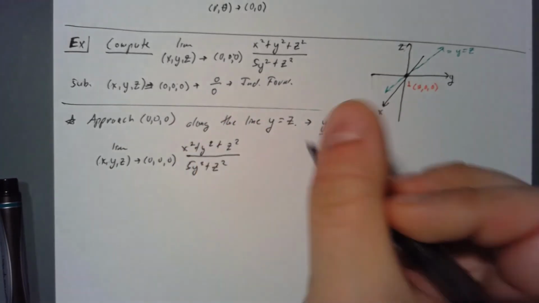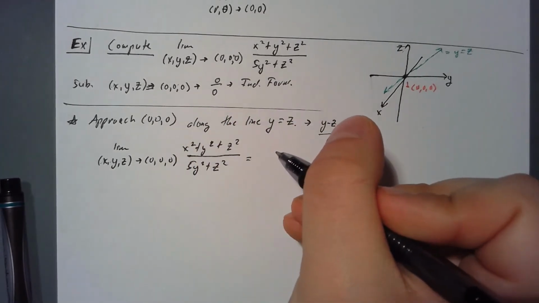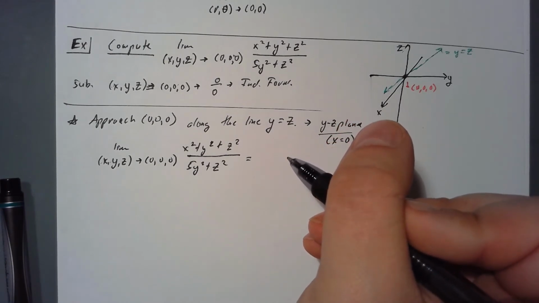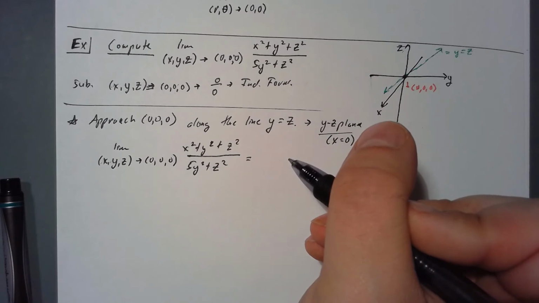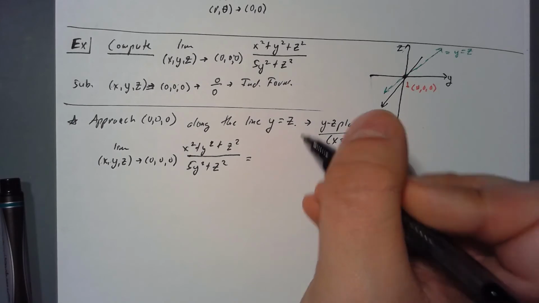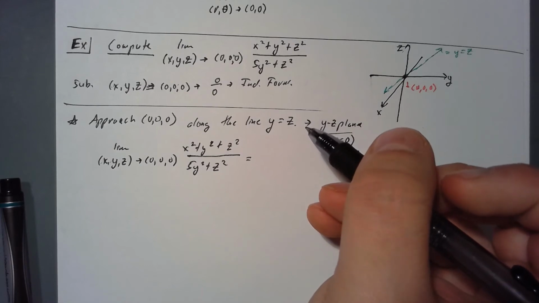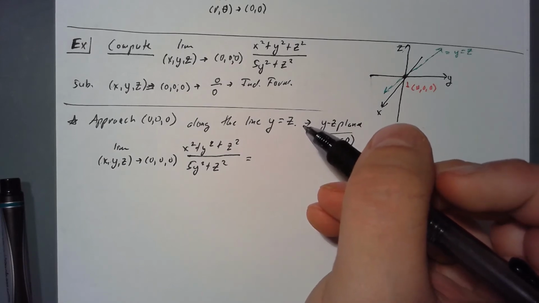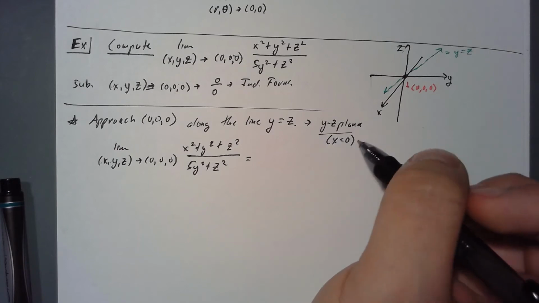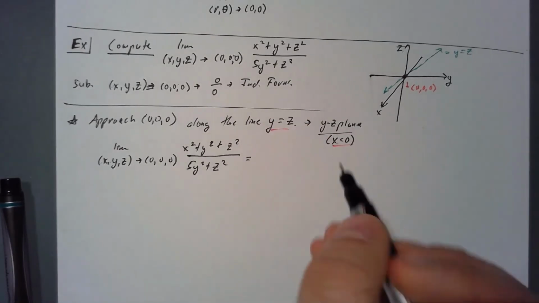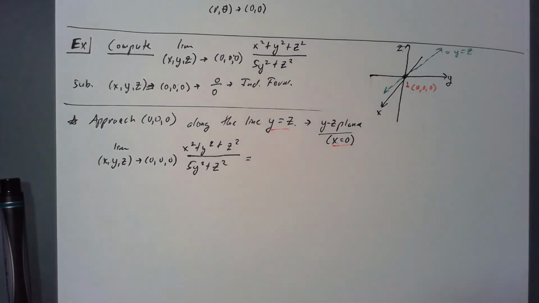Y is now equal to z, and x is equal to 0. So I want to take those 2 pieces of information and replace them in here and then see what I get.